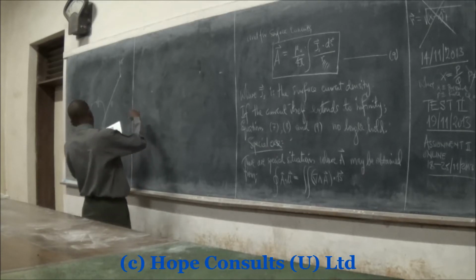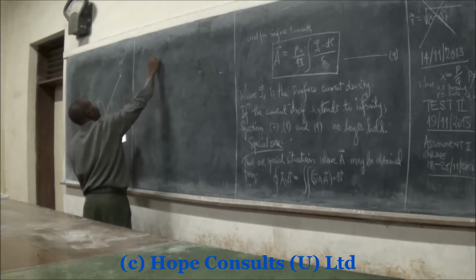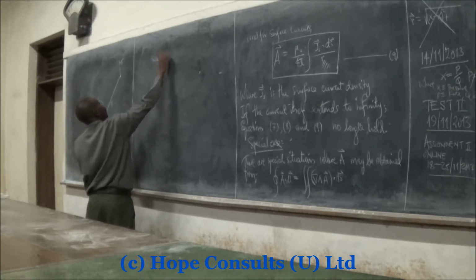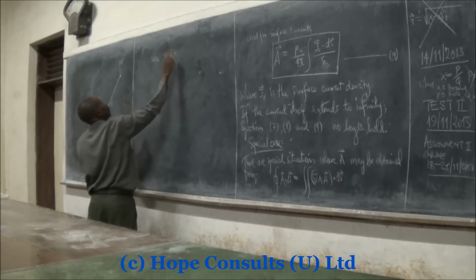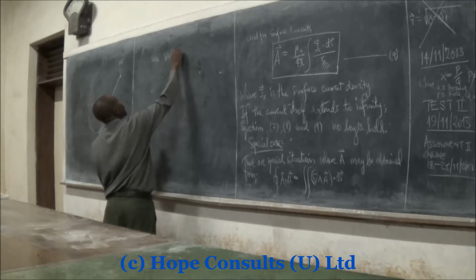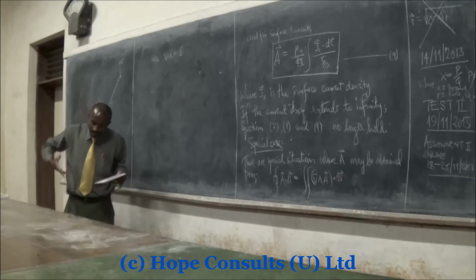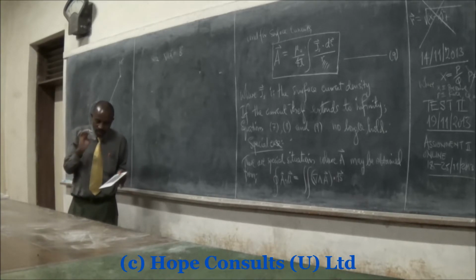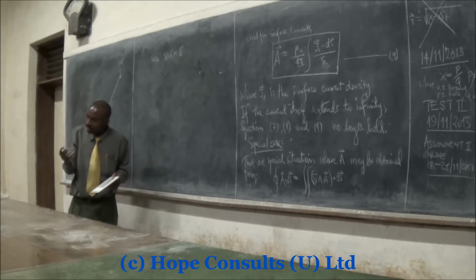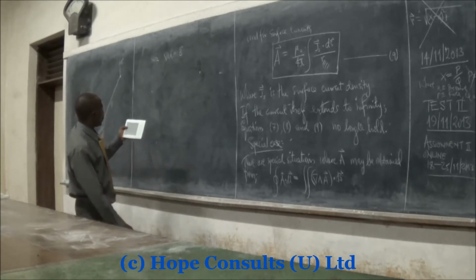So since our curl of A, when you curl the magnetic vector potential, you get the magnetic field density. Of course, if you curl the magnetic vector potential, it means you are now going to get the density, meaning that you are similarly looking at the strength of a given magnetic field.